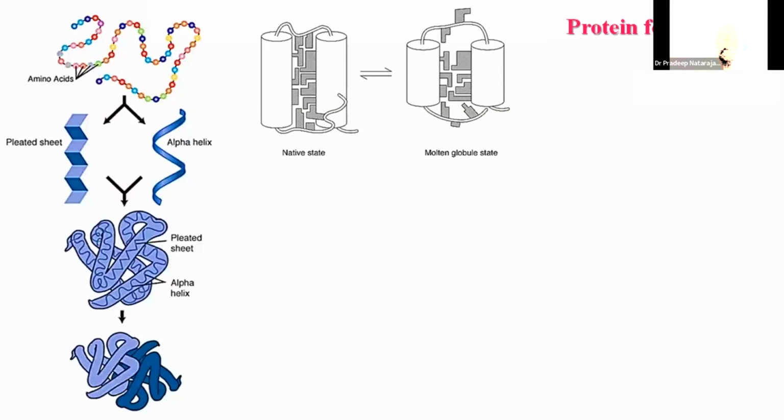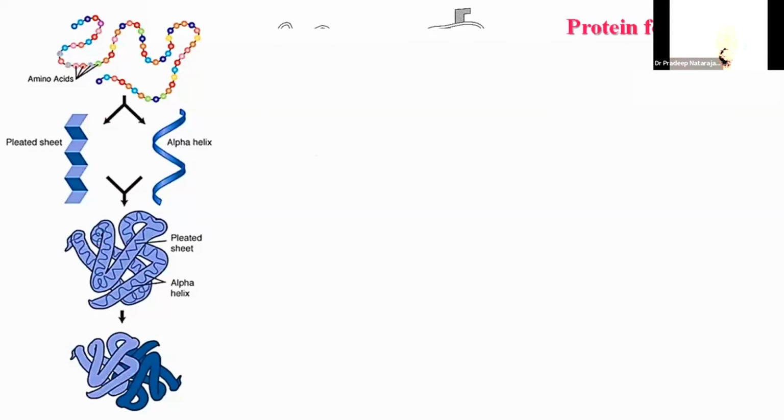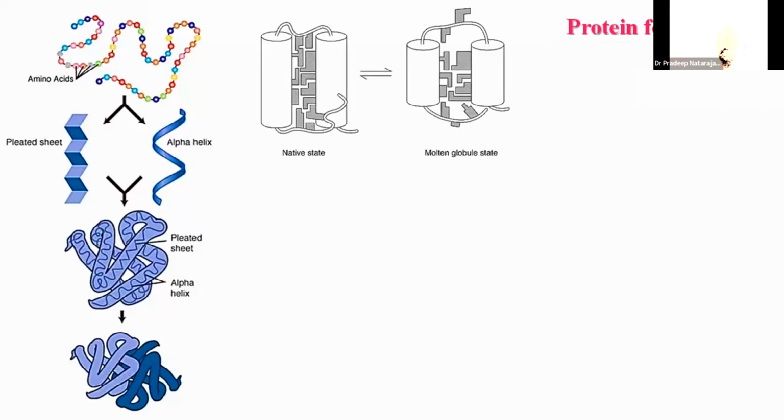This is termed the protein folding state, the native state or energy minimized state. The folding takes place step by step. You can see in this image the native state and the molten globule state, an intermediate state between the amino acid sequence and the native state. It will fold and unfold.